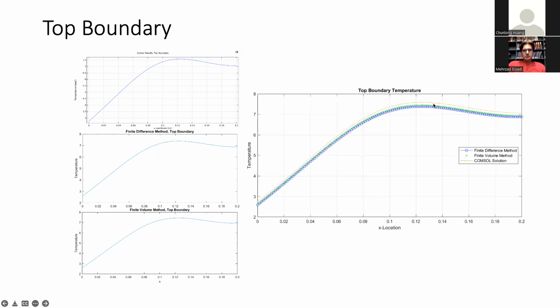They get really close to the COMSOL solution with a small deviation, and again, none of the points on the top boundary get below 0. So from comparing the plot, we can say the solver we came up with is working properly in this case.